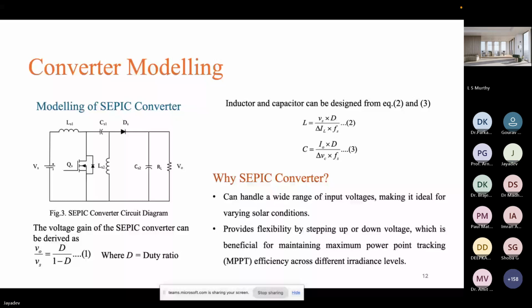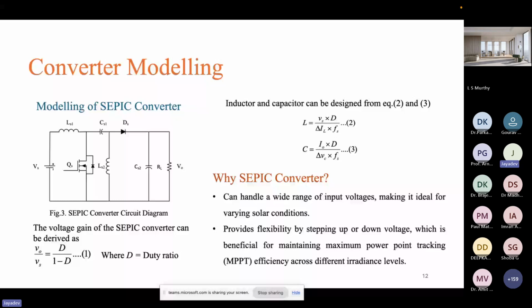The power generation level is also changing. With the changing solar irradiance, the power level is also different. To extract the maximum power from low and high solar irradiance, we need a converter that can operate in a large voltage range.